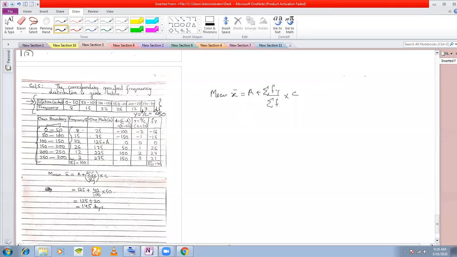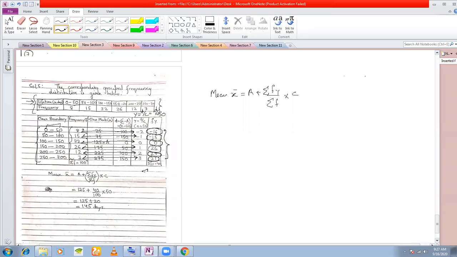So fy is the product: 8 into minus 2 will give you minus 16 here. 15 into minus 1 will give you minus 15. 32 into 0 will give you 0. 26 into 1 will give you 26. 12 into 2 will give you 24. 7 into 3 will give you 21.